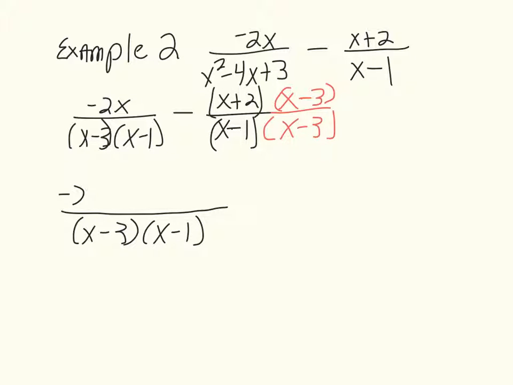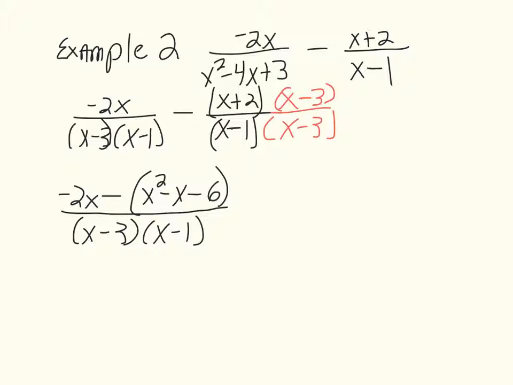In my numerator, I have a negative 2x minus, and use your squares to multiply x plus 2 times x minus 3. You're going to get x squared minus x minus 6.